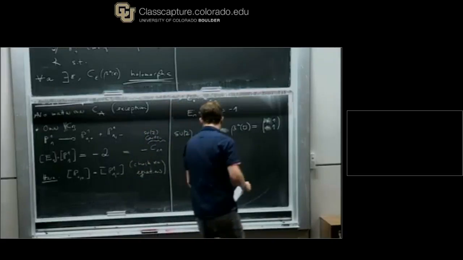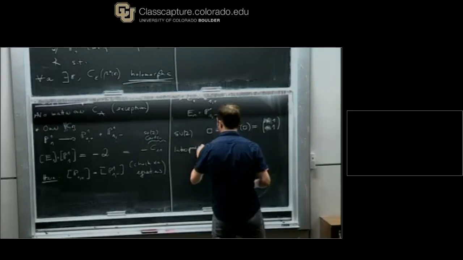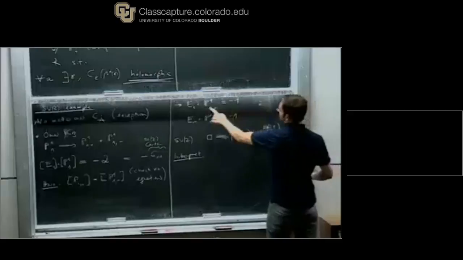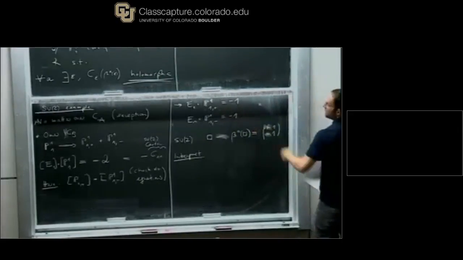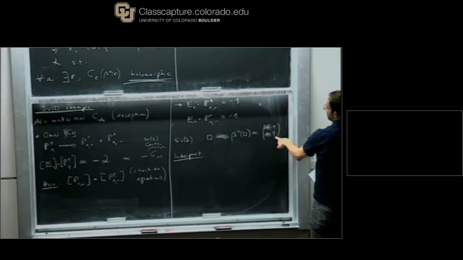And we can now interpret the C plus, this curve is -1, so we can interpret this as C of the fundamental with sign plus of weight number 2, and likewise here of weight number 1.